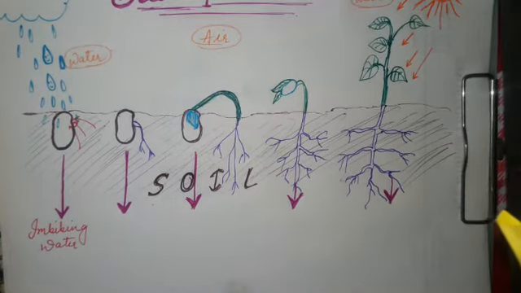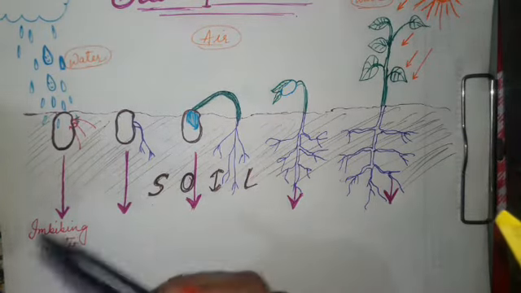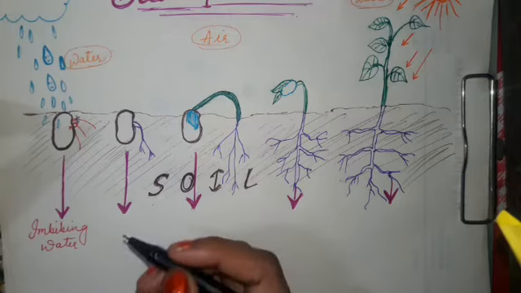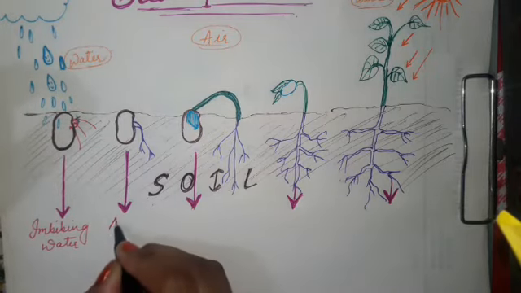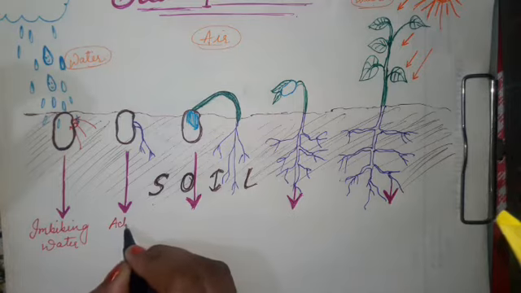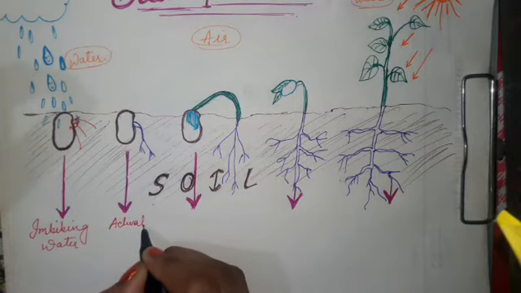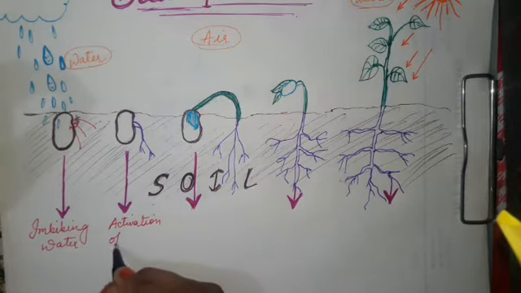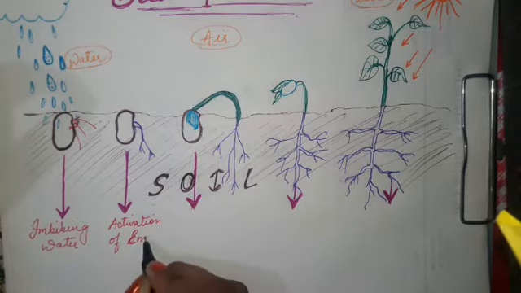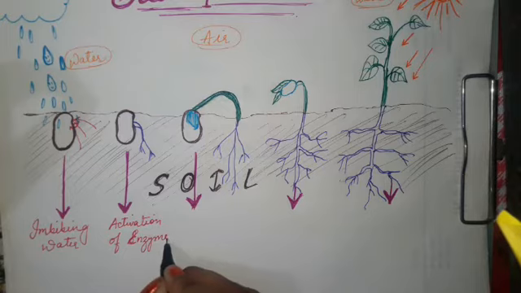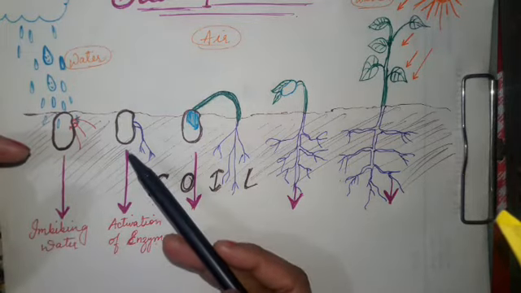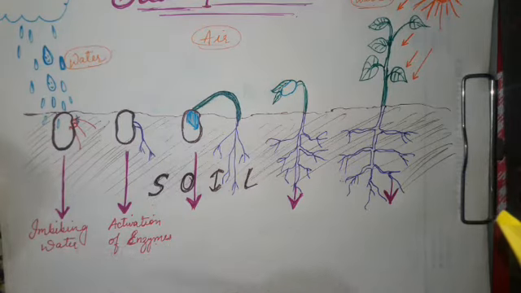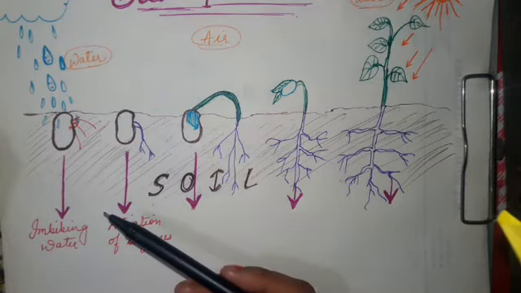In the second step, due to the addition of water, the enzymes present inside the seed become active. Activation of enzyme. These active enzymes help the seed to germinate fast.